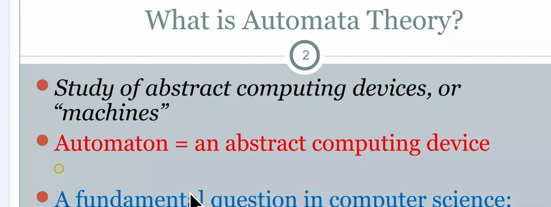The theoretical concepts of automata theory have been used in designing a compiler, and that is the reason you study automata theory and compiler design together. So an automaton is nothing but an abstract computing device.